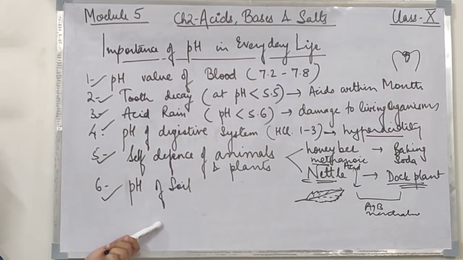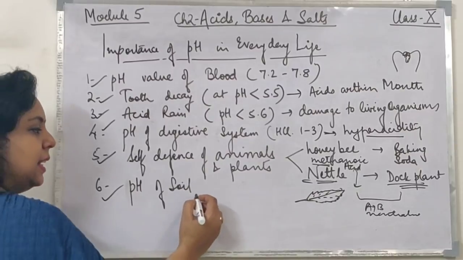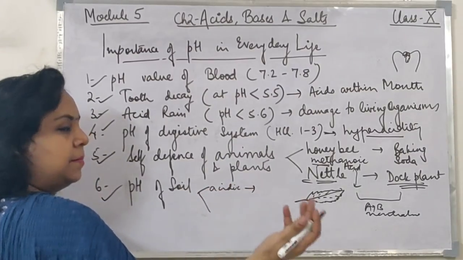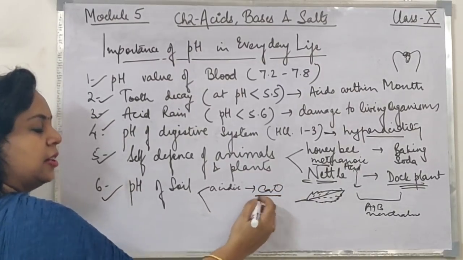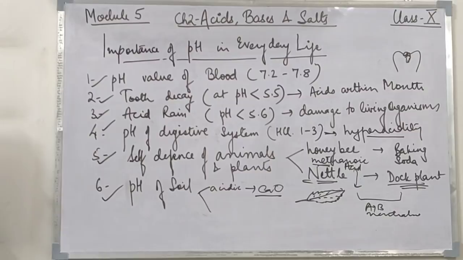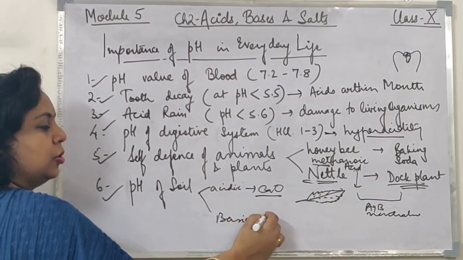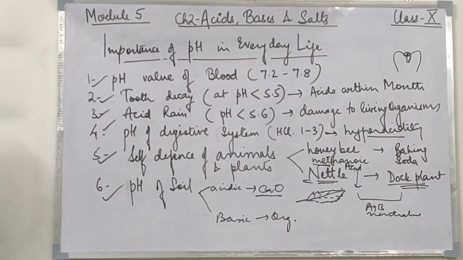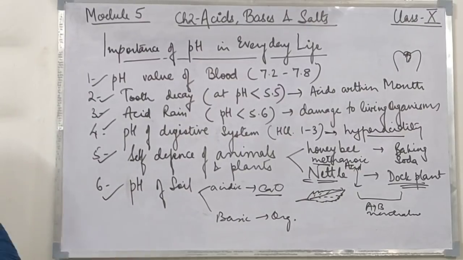Ideally it should be neutral, but if the pH is on the acidic side, what is going to be suggested? Some chemicals like calcium oxide, etc., to balance that acidity. Similarly, if it is basic, some organic matter may be suggested. So this is the importance of pH in everyday life.